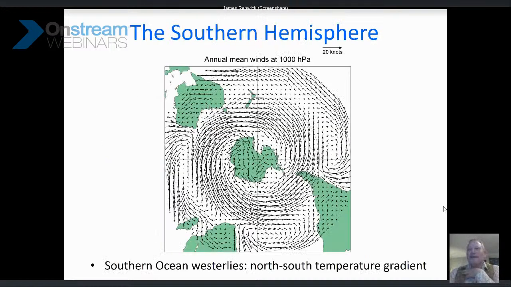So just to begin, and again, coming from an atmospheric point of view, starting off with a view of the Southern Hemisphere with the winds near the surface of the Earth shown in this map. So we can see Antarctica over the South Pole, and then there's a lack of land between about 65 south and 50 south.